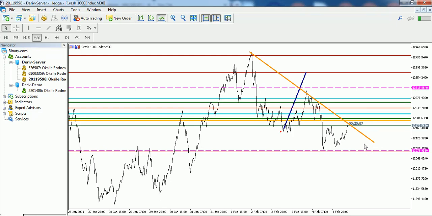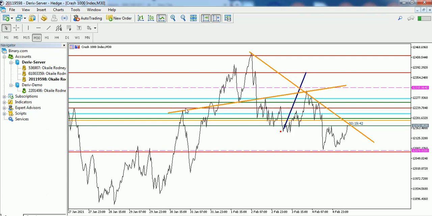So now you can see this. I'm gonna mark another point, this point. Why do I mark this point? I have the market respecting this line here. Also, it respected it here, and then here.